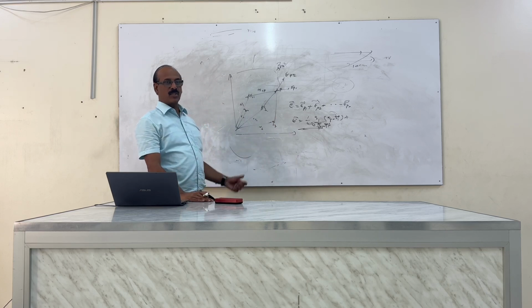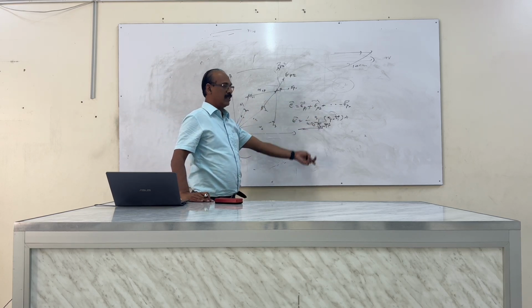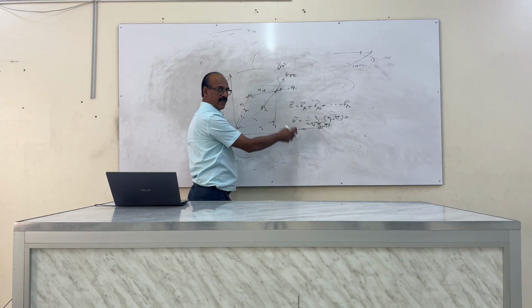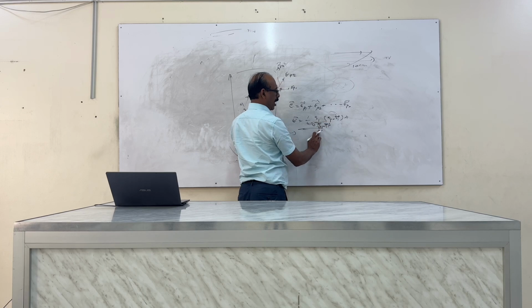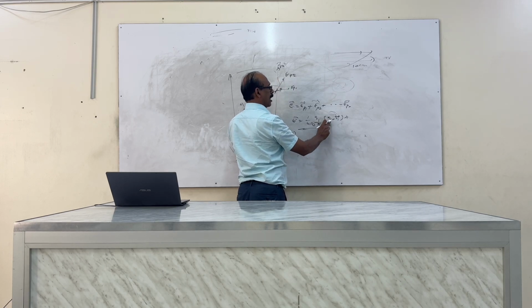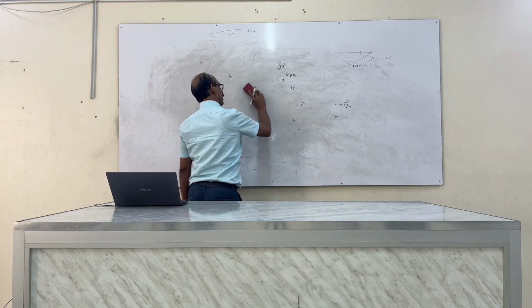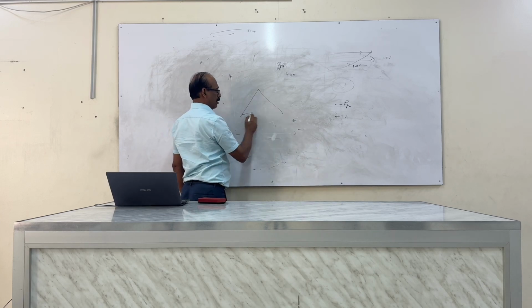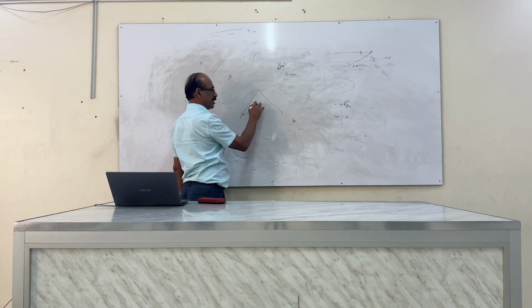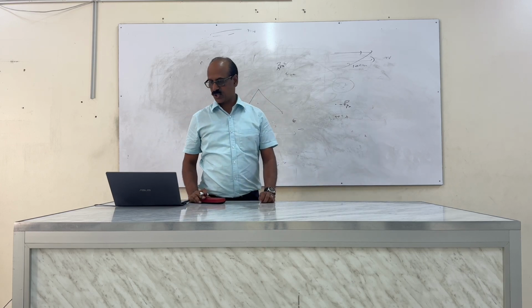So this question is based on the superposition principle. This derivation is also in the notebook, please refer to it. Then here plus 1 by 4 pi epsilon 0 Q2 into Rp minus R2 divided by modulus of Rp minus R2 whole cubed, like that, a kind of vector addition. Then similarly, intensity due to a triangle, 3 charges placed here, what is the intensity at the center, that kind of question can be asked.